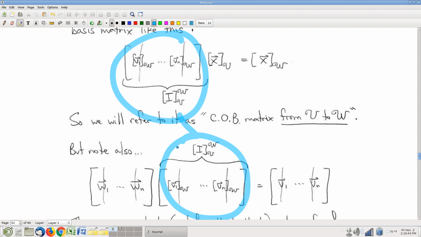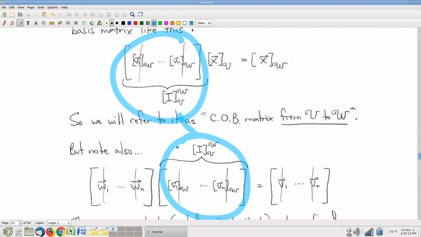If you take this matrix, put it on the right, and multiply not by a vector in the language of a certain basis, but by a matrix whose columns are a given basis, the W vectors, let's say in standard basis language, and you multiply that out, you get a matrix whose columns are the V vectors.